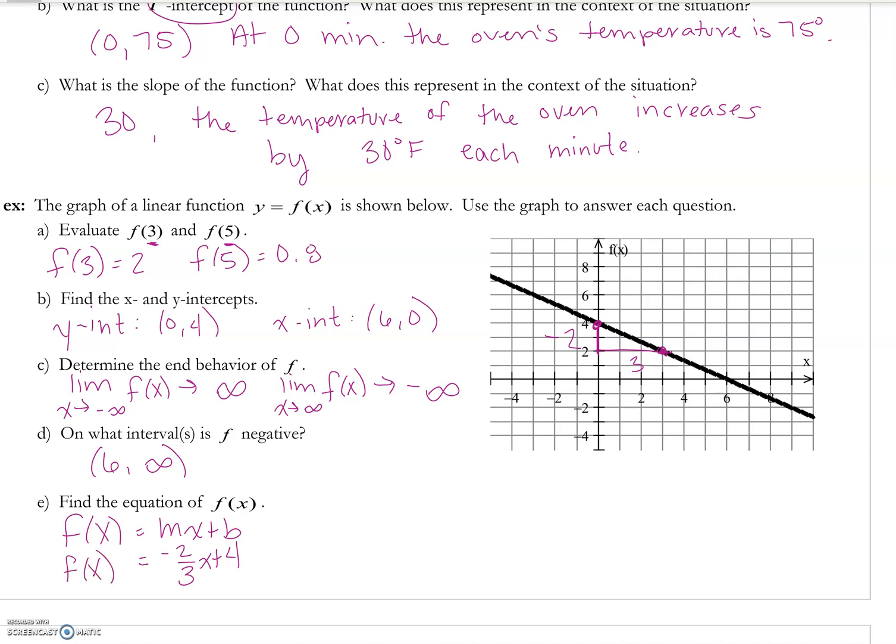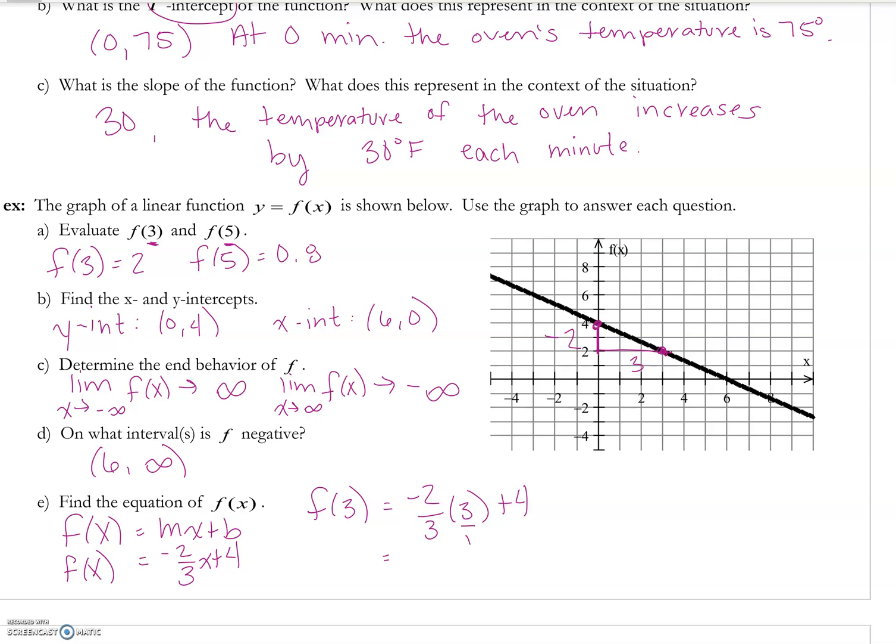Now, it might be helpful in this situation to go back up to part A, evaluating f of 3 and f of 5, just to make sure that we did things correctly. Another way I can evaluate f of 3 is to now plug 3 into this equation, negative 2/3 times 3 plus 4. When I do that, negative 2/3 times 3, well, I can put this 3 over 1 if I didn't have a calculator.